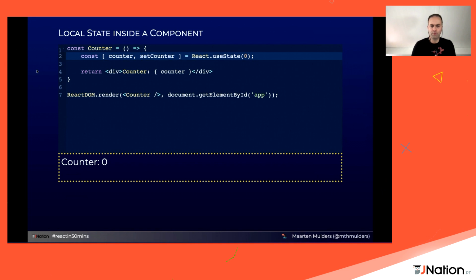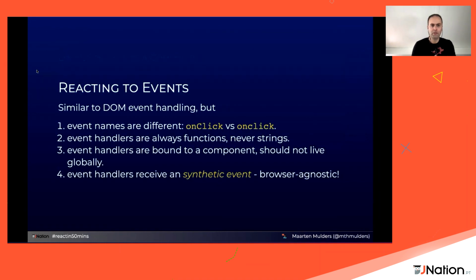In this case, it's a bit boring. It doesn't do anything. And to be able to do that, we need to be able to react to an event. Reacting to a document object model event works similarly as it does in the browser, but again, there's a few subtle differences. The event names are different. We have onClick with a capital C rather than a lowercase c.